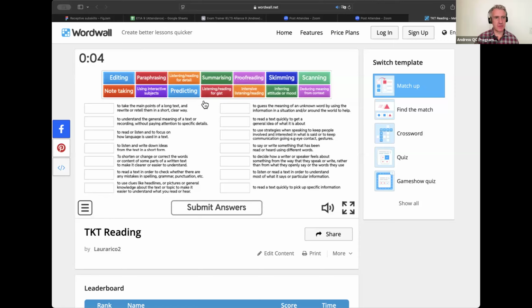So reading for gist, or sorry, skimming would be to understand the general meaning of a text without paying attention to its details. But actually, that would probably be better: that one, to read a text quickly to get a general idea of what it's about, because listening or reading for gist would be that one.